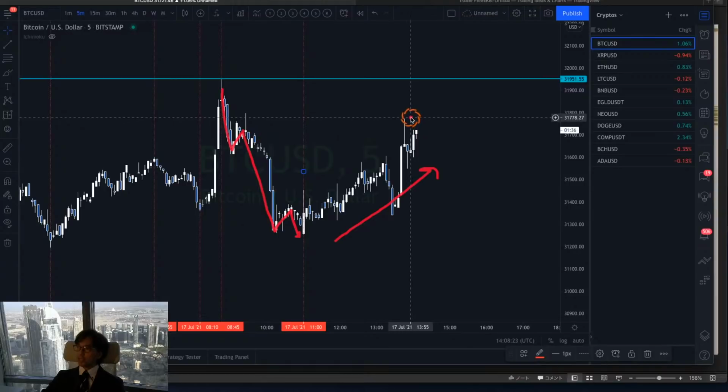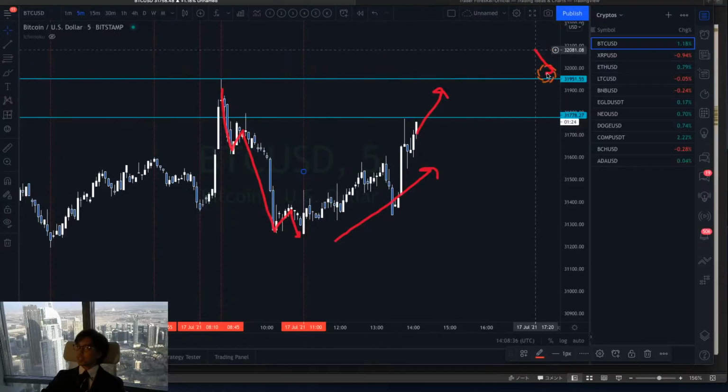Once the market breaks this pin bar level at 38,778.27, then the market could reach all the way up to the target, 31,951.55. So this is the simple price action market analysis.